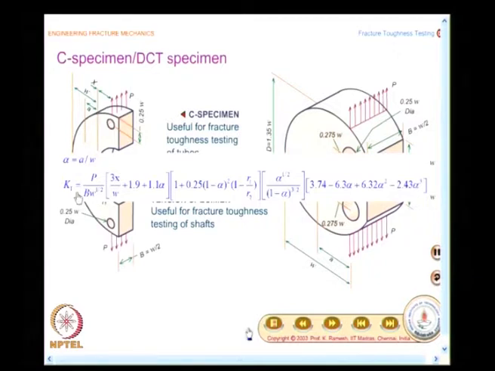It reads like this: K1 equal to P by B W power half multiplied by 3x divided by W, and you have the distance x marked here, that is the distance of the crack beginning from the load application point, plus 1.9 plus 1.1 alpha, where alpha is the A by W ratio, the whole multiplied by 1 plus 0.25 multiplied by 1 minus alpha whole square multiplied by 1 minus R1 by R2.